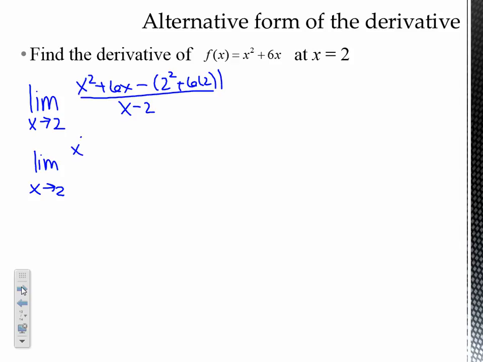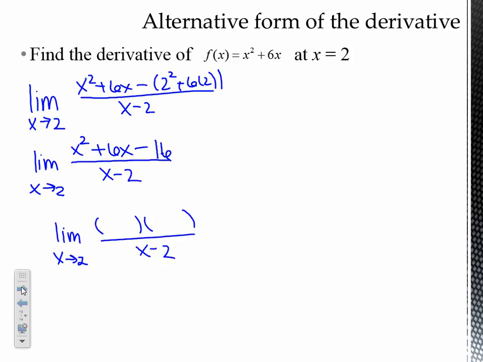So we have x squared plus 6x minus what? 12. I don't remember it being 12, but minus 16. So to evaluate this limit, what does it factor to?